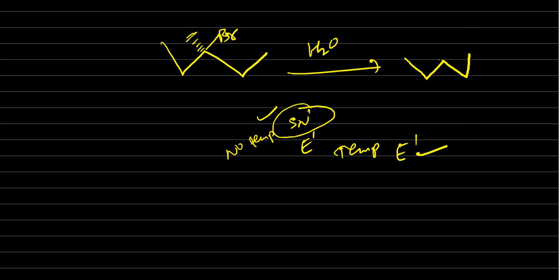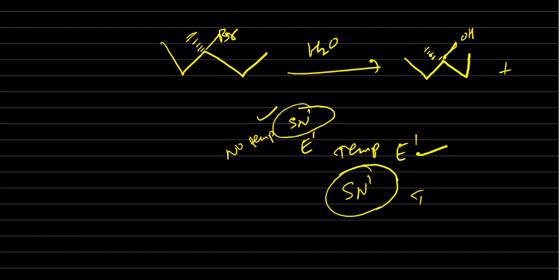So here bromine is there, in place of bromine OH will come. So here it will give two products plus. Why is it the SN1 mechanism? In the SN1 mechanism, an intermediate is there.